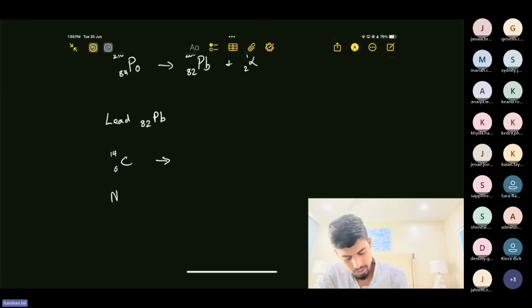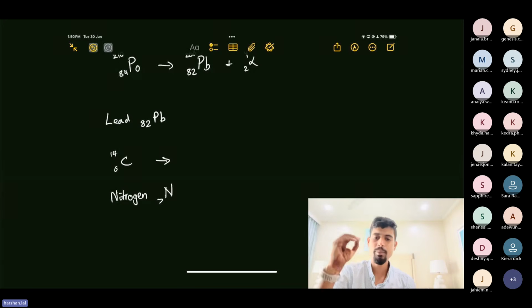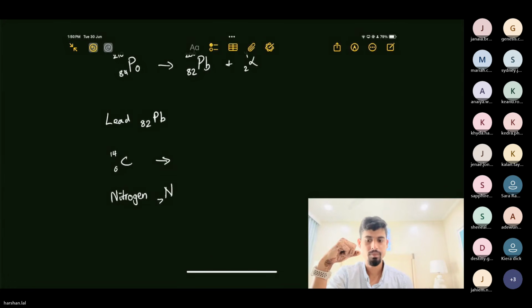So nitrogen has an atomic number of 7, right? How do we write this? So carbon-14 decaying via beta decay. What equation would this be?